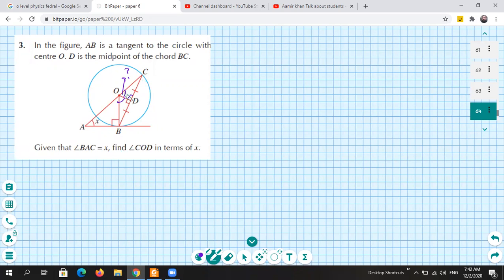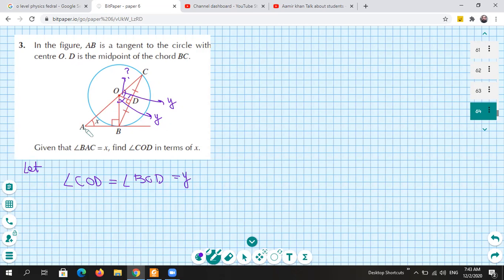So suppose the angle required is Y, so this angle will be Y as well. So I'm writing here, let angle COD equal to angle BOD equal to Y.